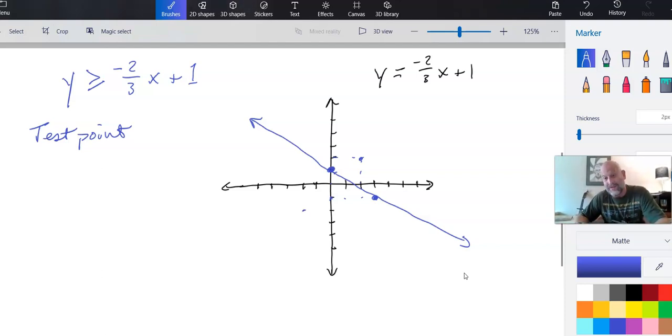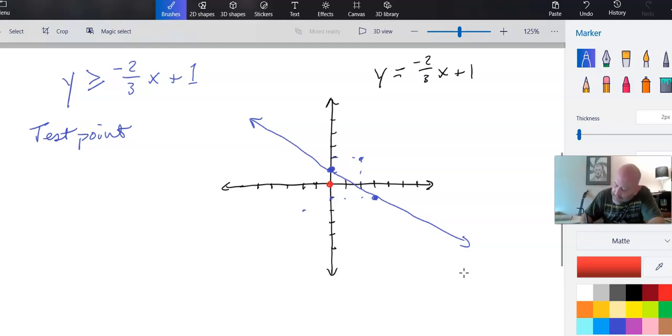One of the things I like to do, if it's available, because it's not always possible, is notice that the point 0, 0 is not on the line. We've talked about this before. Zeros are great to plug in because they kill things. They make the arithmetic a lot easier. A lot of the time, if you're using 0, 0, you can figure it out in your head without writing anything down, just because you kill so many things.